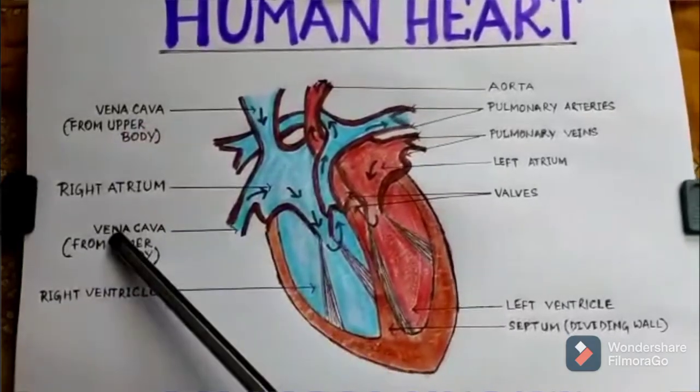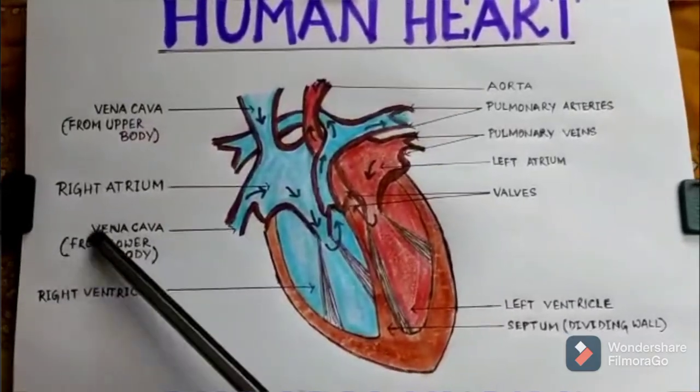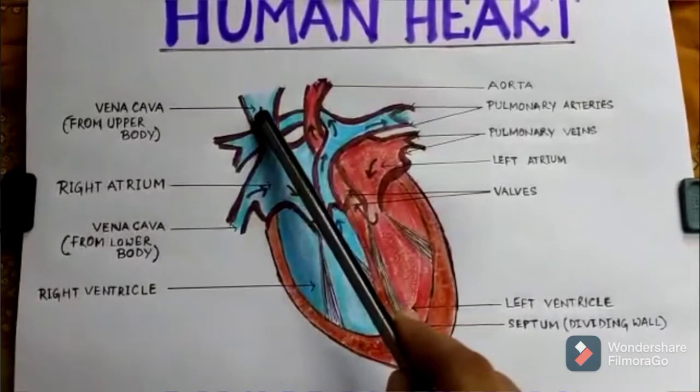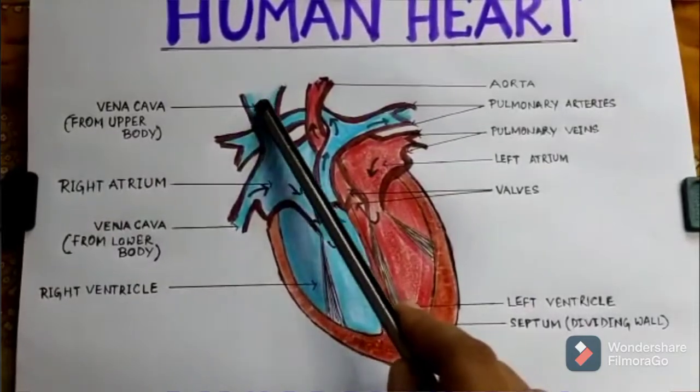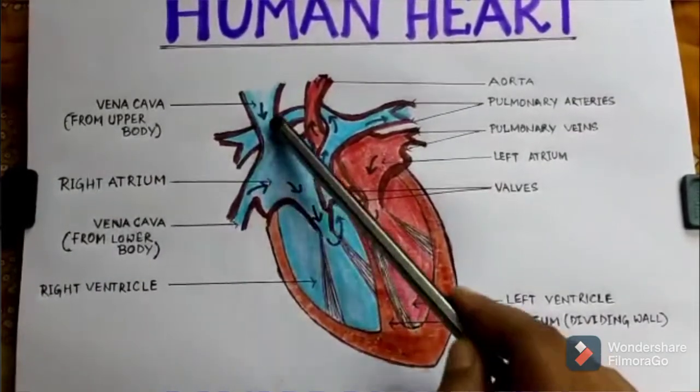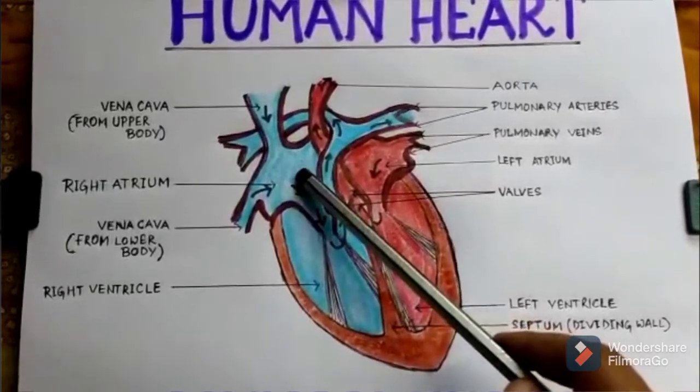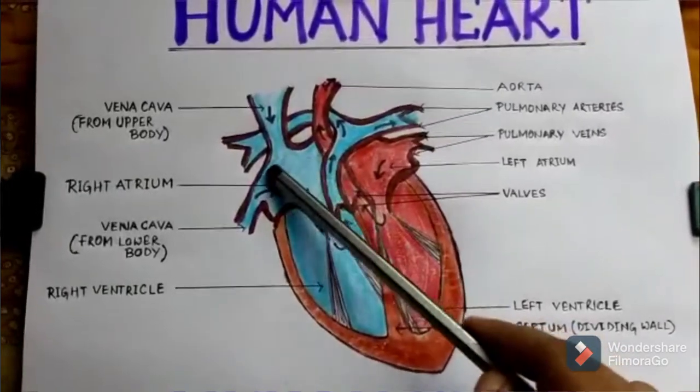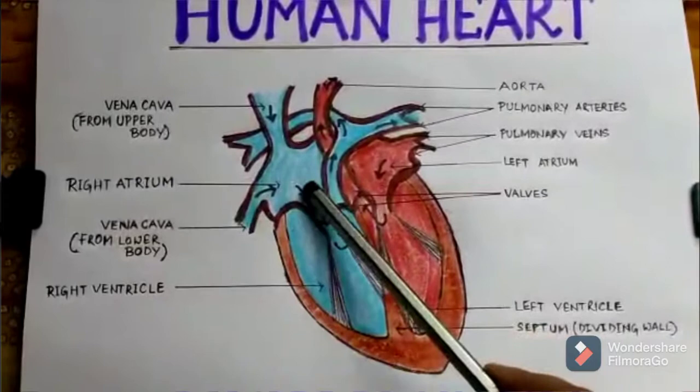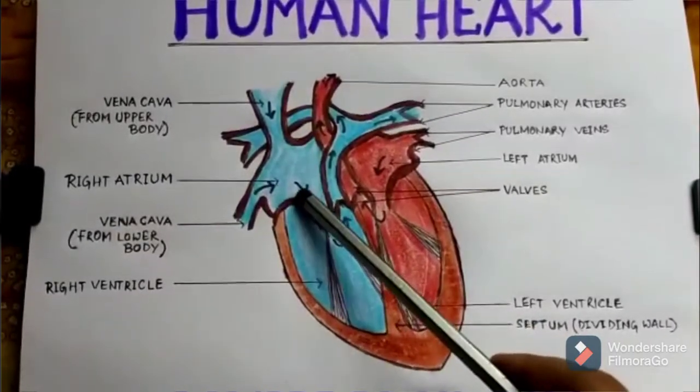These two are the veins, as I already said. This deoxygenated blood from the upper and lower parts of the body is pumped into the right atrium. You can see here it is pumped into the right atrium.